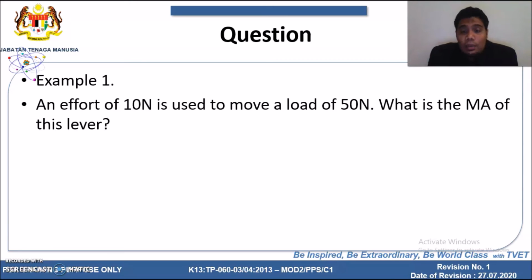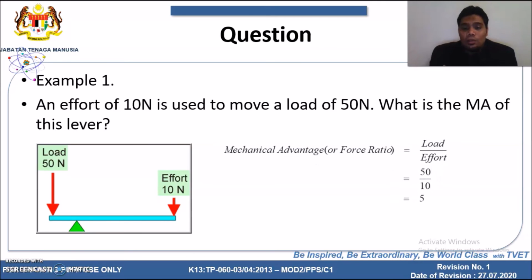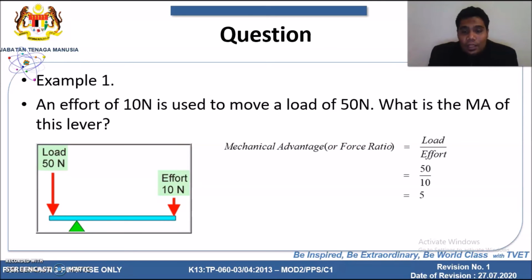So our load is 50 Newton, and with an effort of 10 Newton we can lift it. So load per effort, 50 over 10, is equal to 5. There is no unit also because it is a ratio. Newton divided by Newton cancels out, so there is no unit.